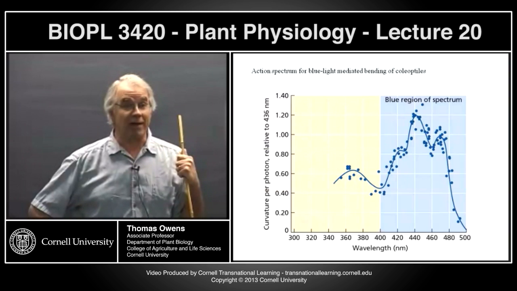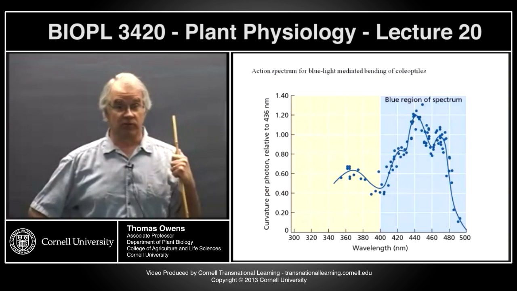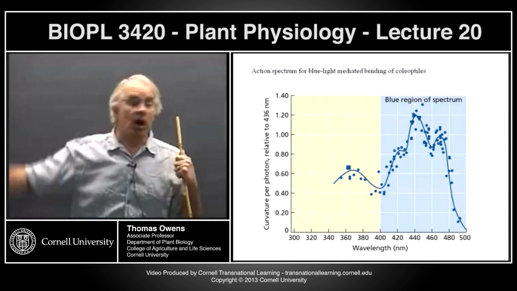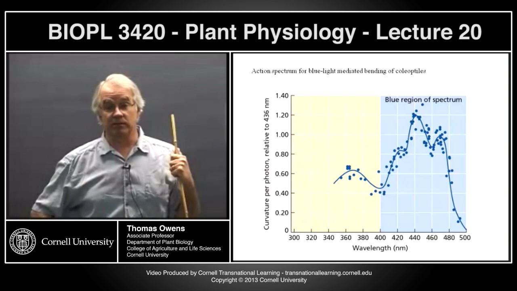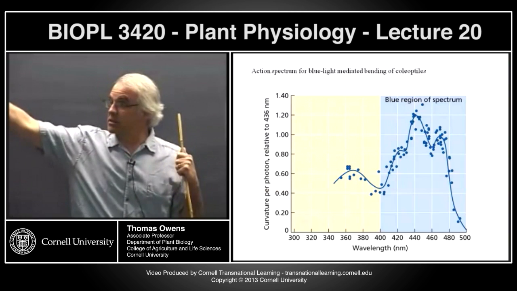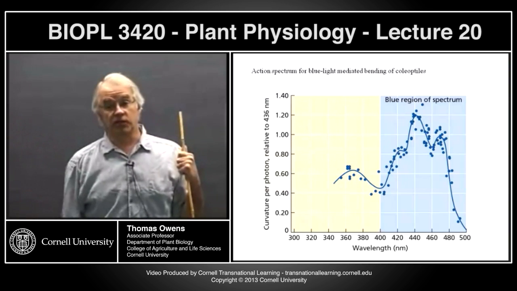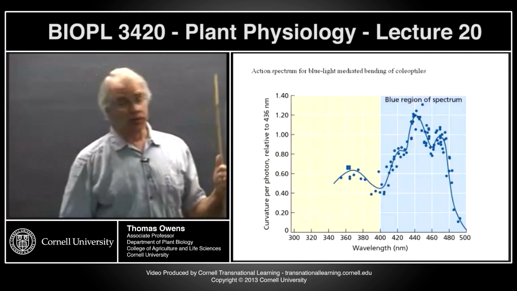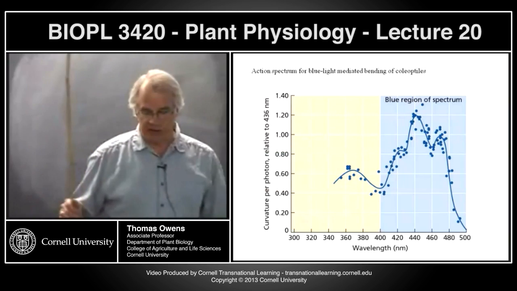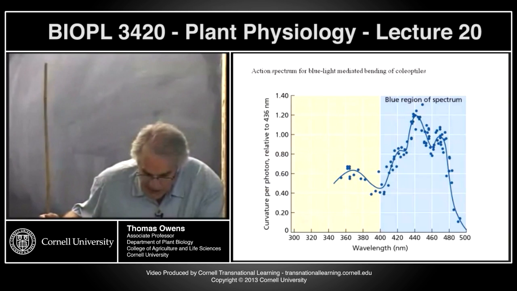Riboflavin, you've heard of. Riboflavin is a vitamin, right? So there are other molecules that have this absorption spectrum. So when this action spectrum was first identified, it wasn't really clear from it what the molecule that's involved in the absorption actually is.